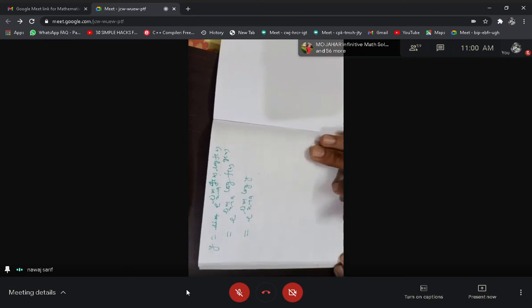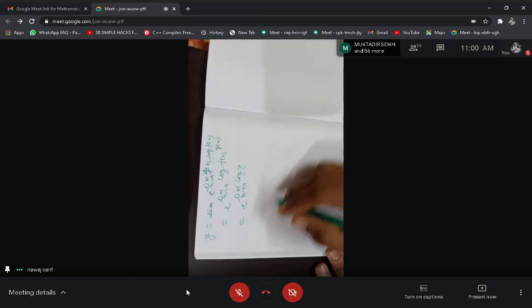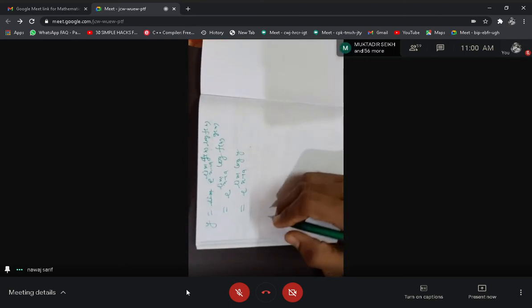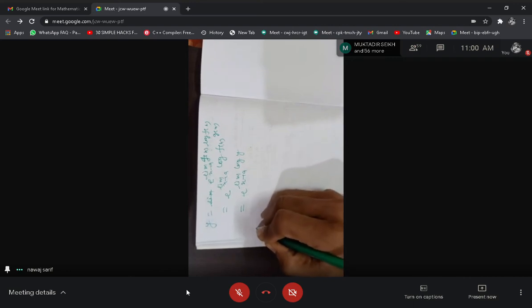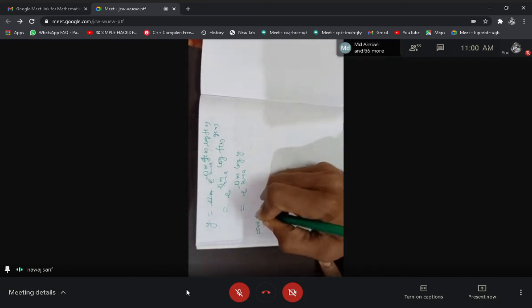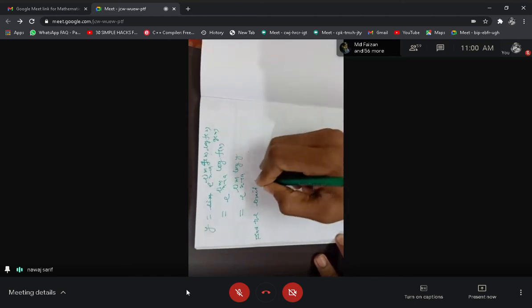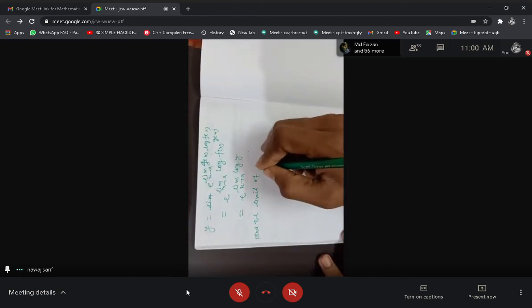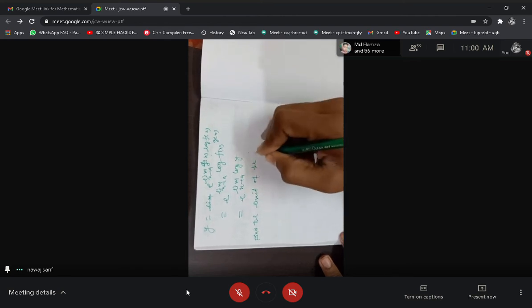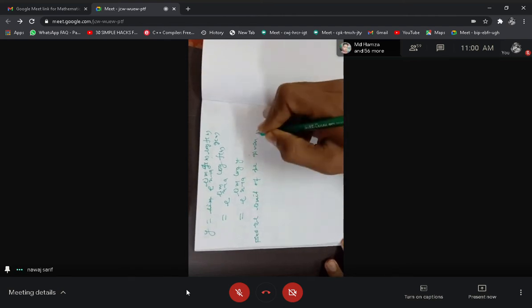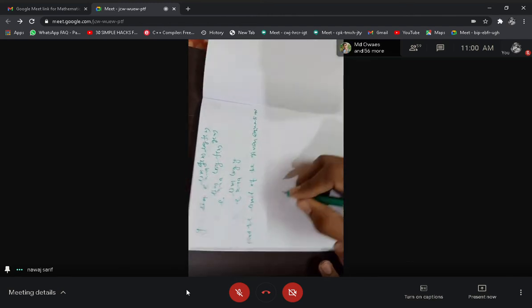Okay, so first try to find the limit of the given equation.